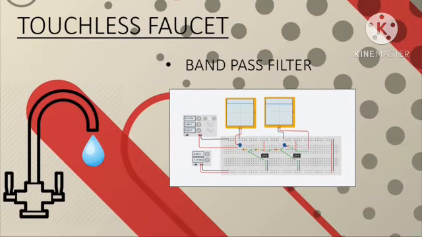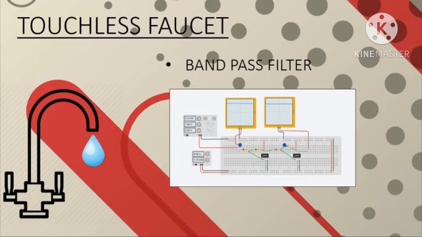Next, we will discuss the band pass filter RC. A band pass filter is an electrical circuit that enables frequencies within a given range to pass while attenuating frequencies outside of that range. It is characterized by two cut-off frequencies, the lower cut-off frequency and the higher cut-off frequency, which enable frequencies between them to pass through with little loss.